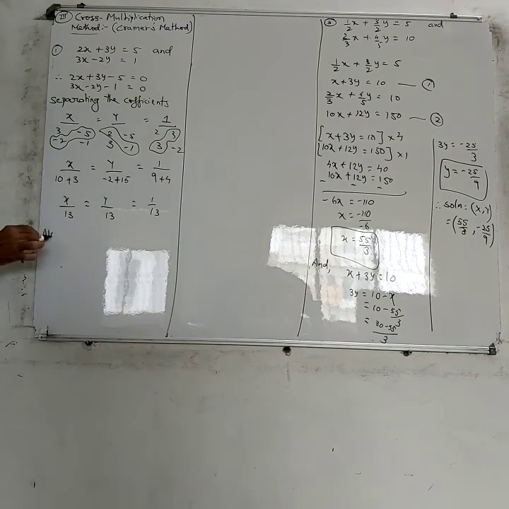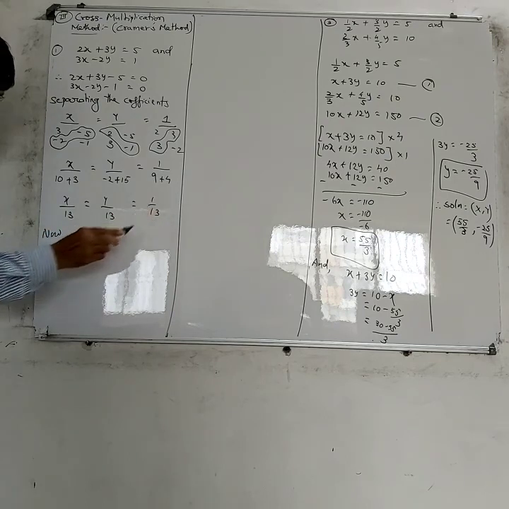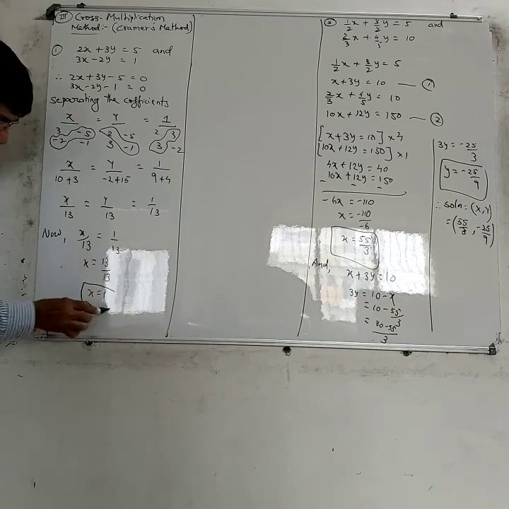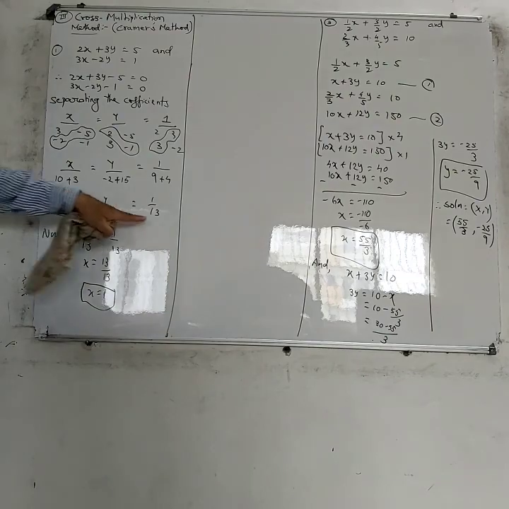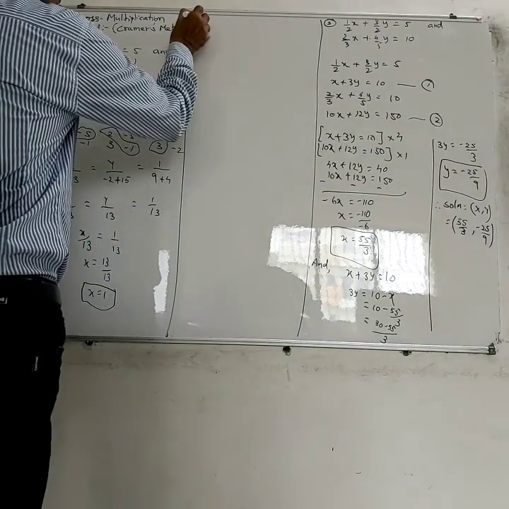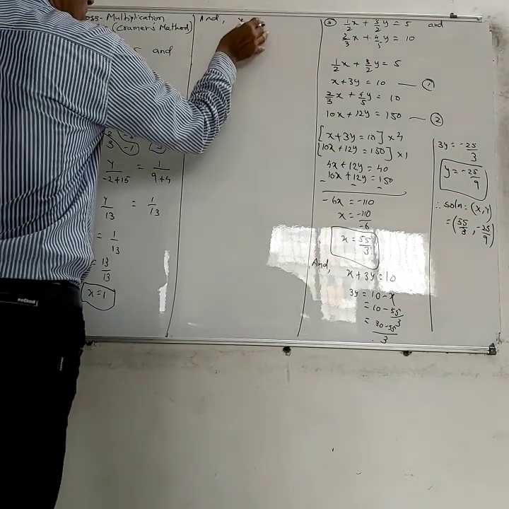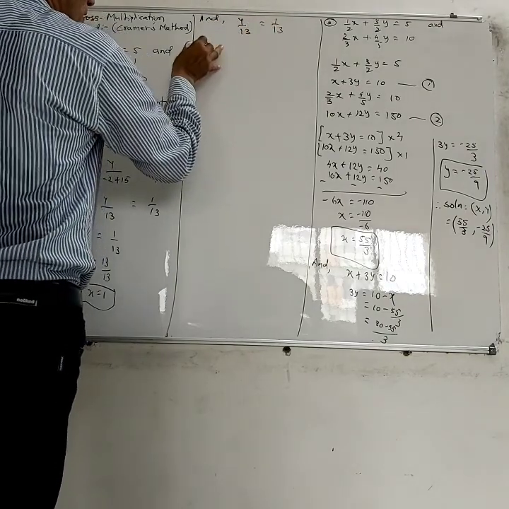Now x upon 13 is equal to 1 upon 13. So x is equal to 13 upon 13, x is equal to 1. And y upon 13 is equal to 1 upon 13.